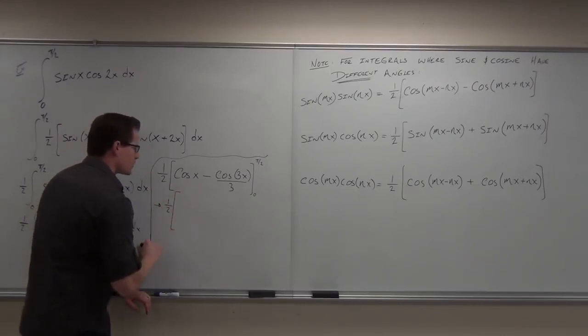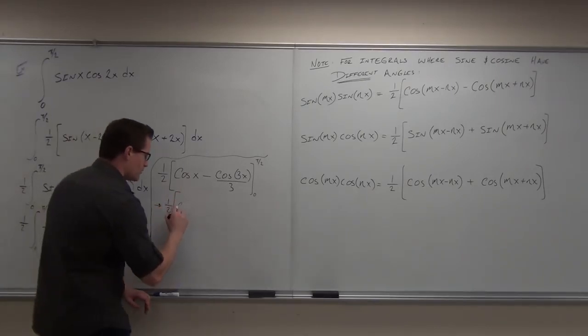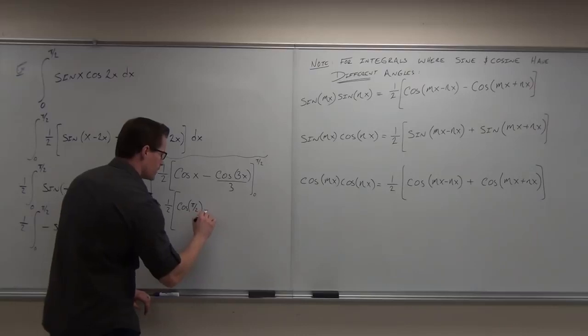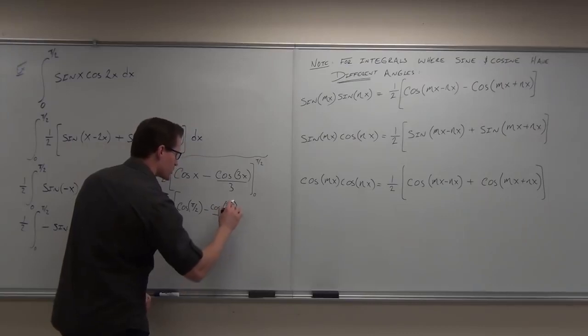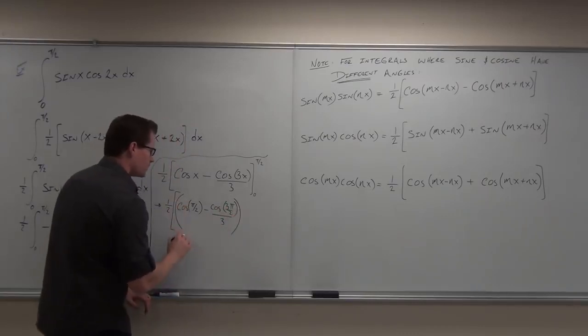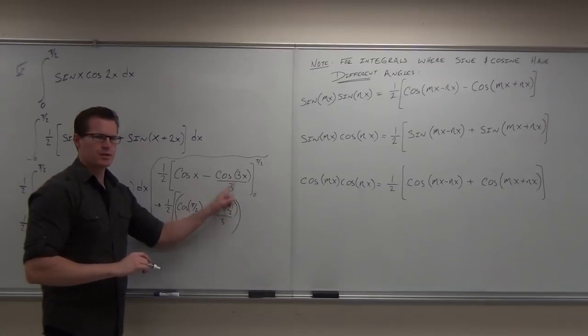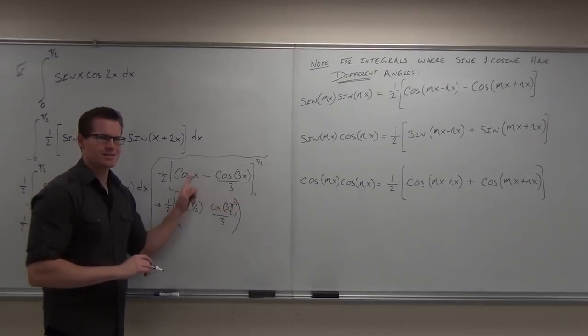Just remember that in here, when you evaluate, you'll have cosine of pi over 2 minus cosine of 3 times pi over 2. That'll give you nice numbers. Should I bother to plug in 0? Yes. For heaven's sakes, yes.